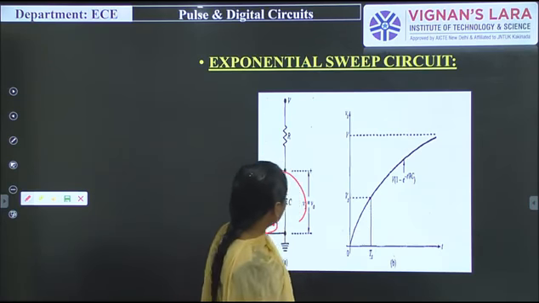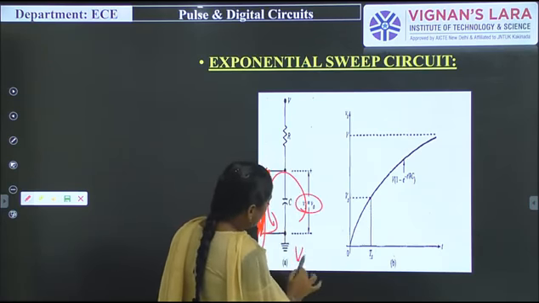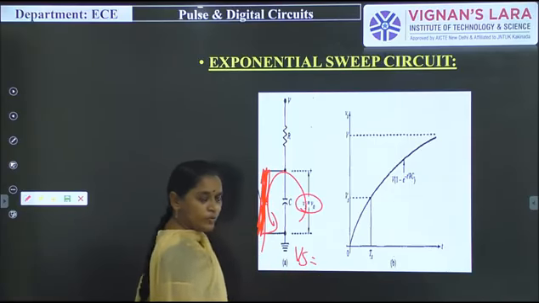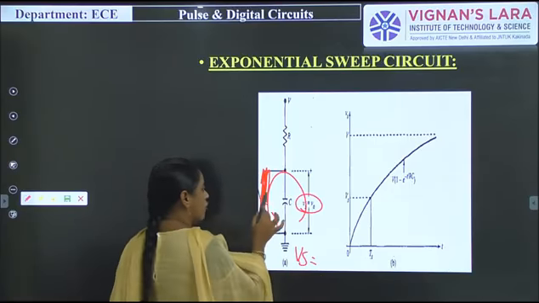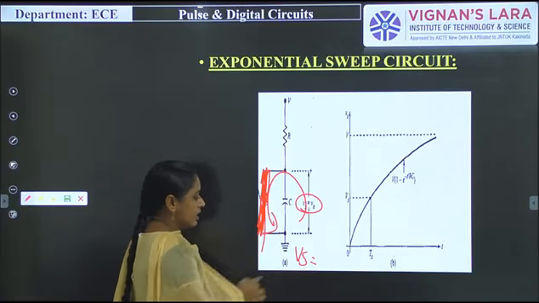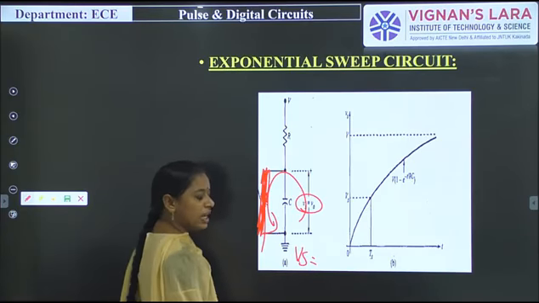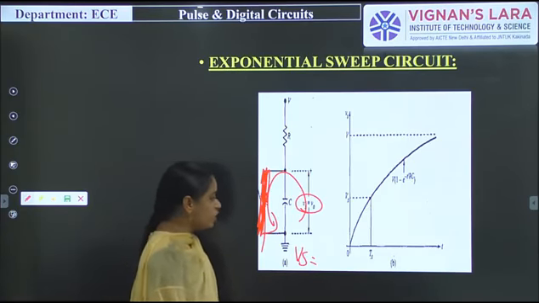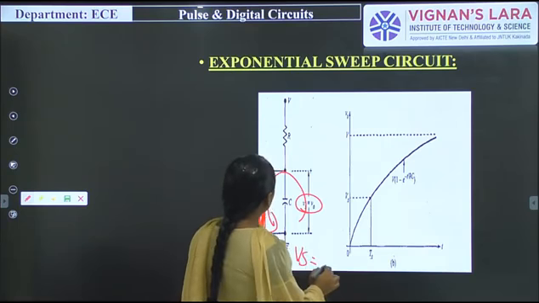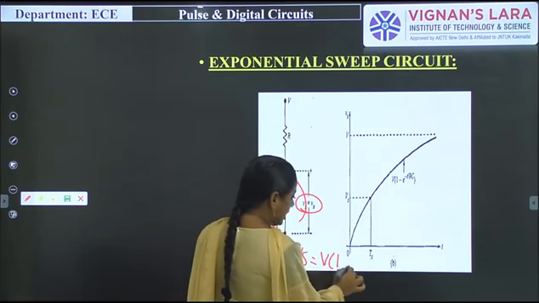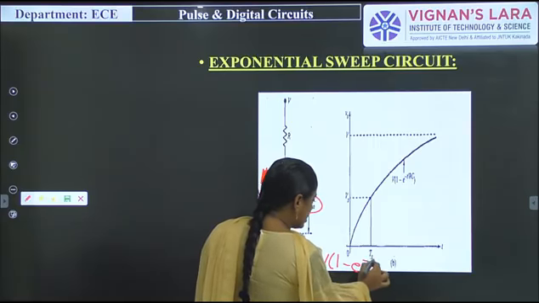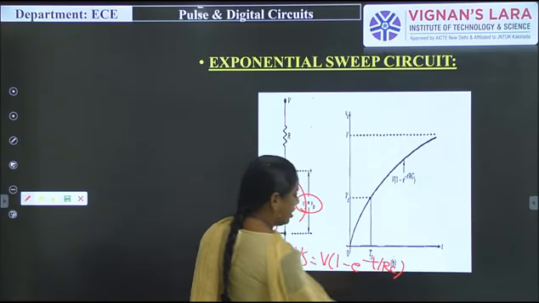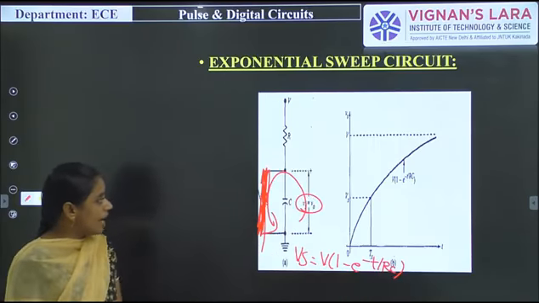In this time we have to measure Vs. What is meant by Vs? Simply, when the switch is in the off condition, the capacitor charges in an exponential manner, that is, Vs is equal to V into 1 minus e power minus t by RC. So this is about the capacitor condition.